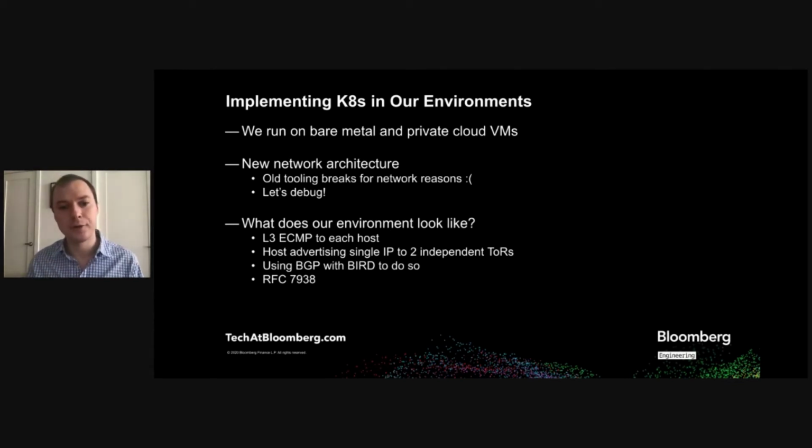On our new hosts, in this new environment, we do layer 3 ECMP down to each host. So equal-cost multipath routing down to every single host. What that means is that we have multiple independent paths to each of our hosts, which is really nice. We also get full throughput across 2 links.